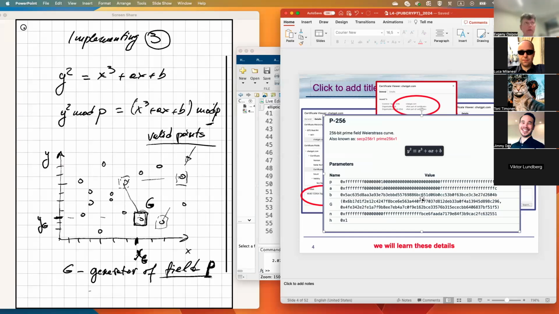First of all, we will use this elliptic curve construct, which is specified by parameters a, b, p, and this G.